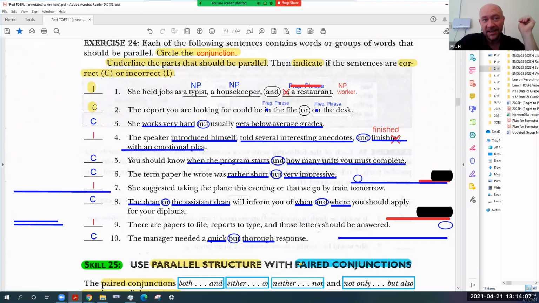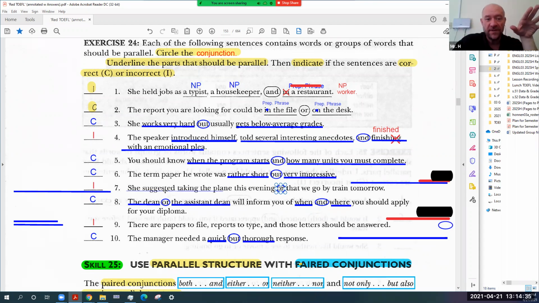You understand? Now let's try number 7 here, Osama. Find the conjunction, Osama. Or. Now the structure. She suggested, from the beginning all the way. Is this the part that's parallel?